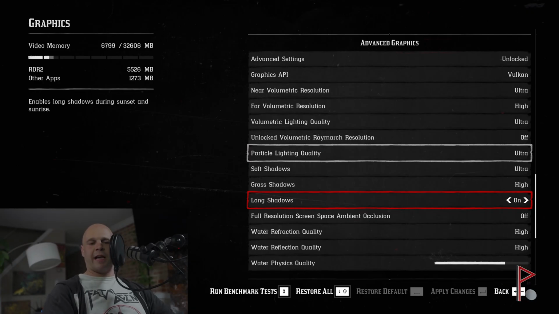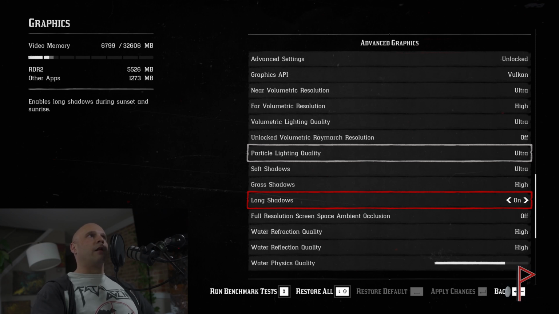So particles like, I don't know, you kick a fire and these little bits of flame bounce up. This is the way the lighting affects the particle quality. Particle quality is the actual flames that kick up. So that's a different setting, right?